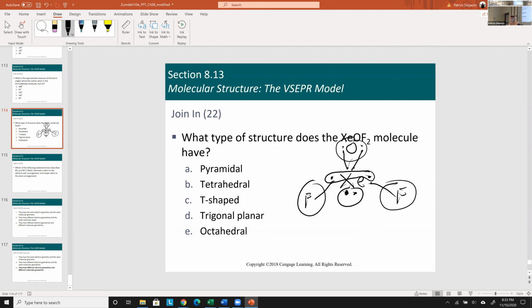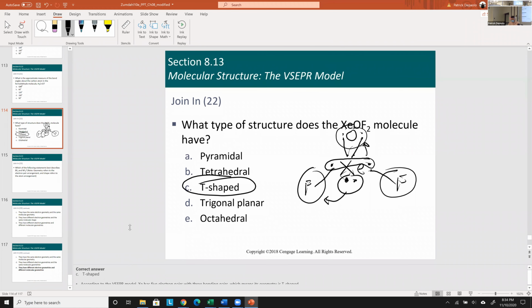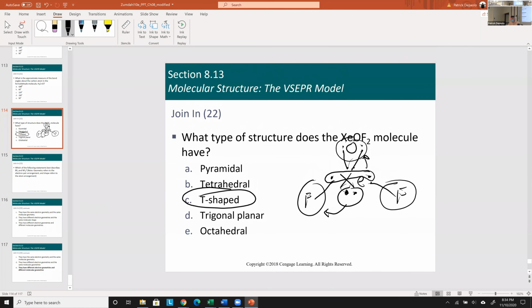But for the molecular geometry, these 2 lone pairs are pushing the others away to make it into a T shape. So T shape is your answer. Yes, that's the answer.